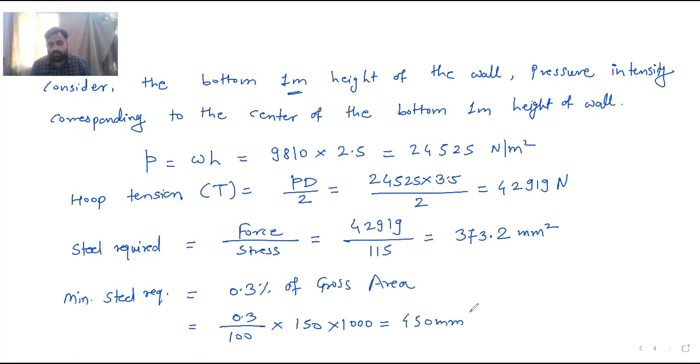Now see, the minimum steel requirement is 450 mm square. Minimum steel we should provide, that is 450, and the steel requirement is near about 373.2. So we will go with the minimum steel, because minimum steel is greater. Now for bar diameter we will use 10 mm diameter bars. If I use 10 mm diameter bars, then calculate the number of bars.